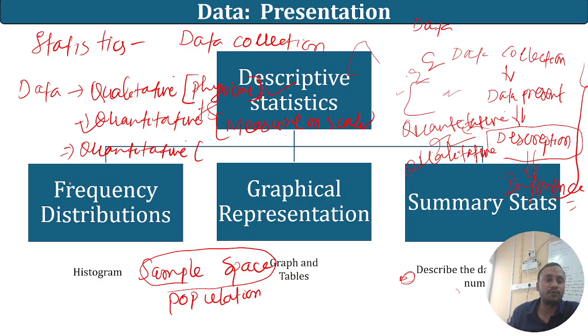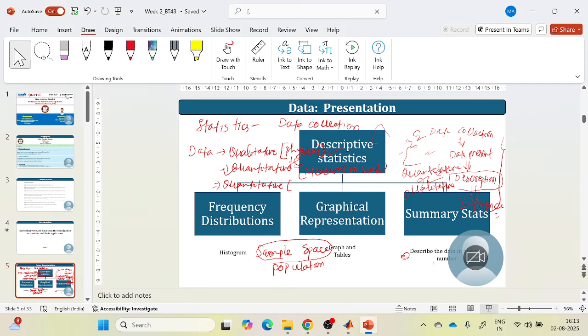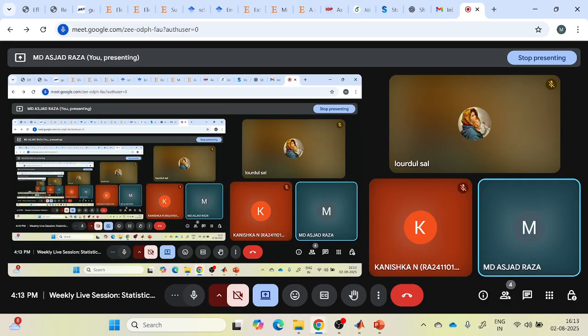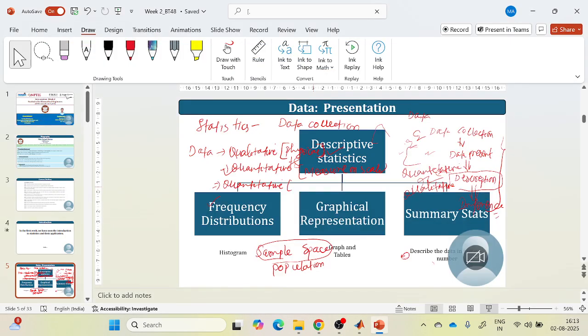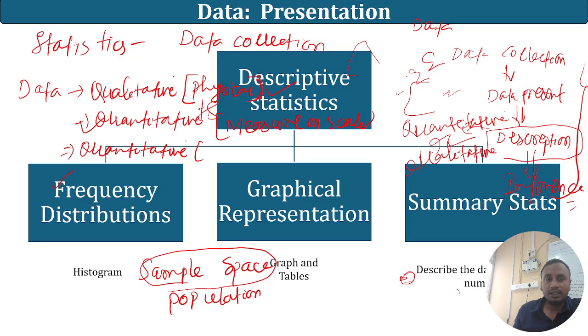That can be done in terms of frequency distribution. Anyone have an idea, can anyone tell? Okay. Frequency distribution is something where we have some classes, and for each class we look at the distribution.